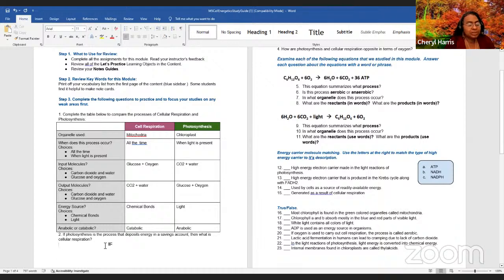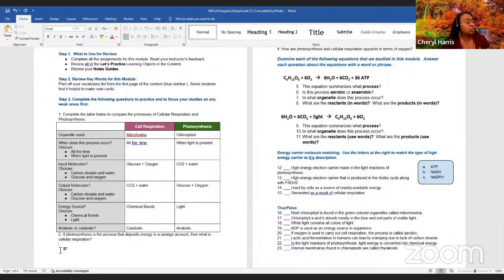All right. So yes, you want to say if one is depositing energy. So what we're saying is during photosynthesis, we are creating an energy reserve. And we're doing that by building up our glucose molecule. And we said that was stored in the chemical bonds. I meant to go back and highlight that the glucose molecule that we are creating, that carbon, the hydrogen, and the oxygen are held together by chemical bonds.